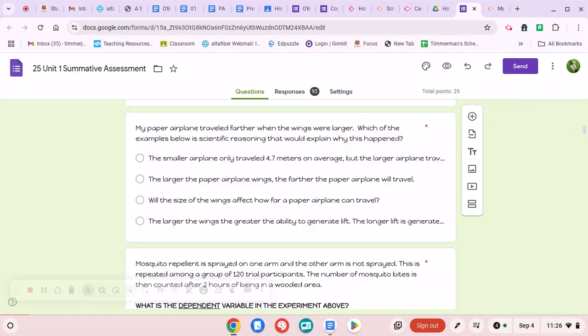The larger the paper airplane wings, the farther the paper airplane will travel. Will the size of the wings affect how far a paper airplane can travel? The larger the wings, the greater the ability to generate lift. The longer lift is generated, the further the paper airplane will glide.